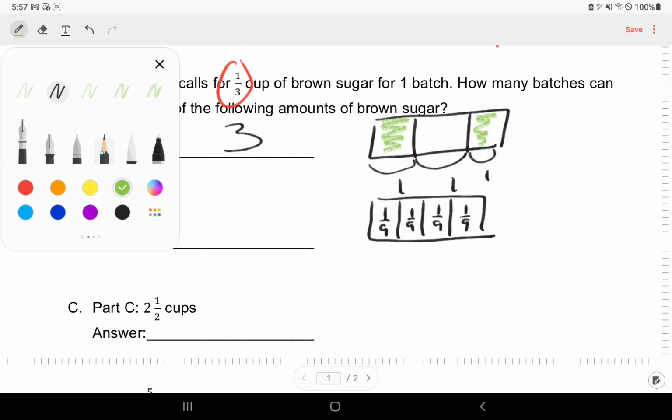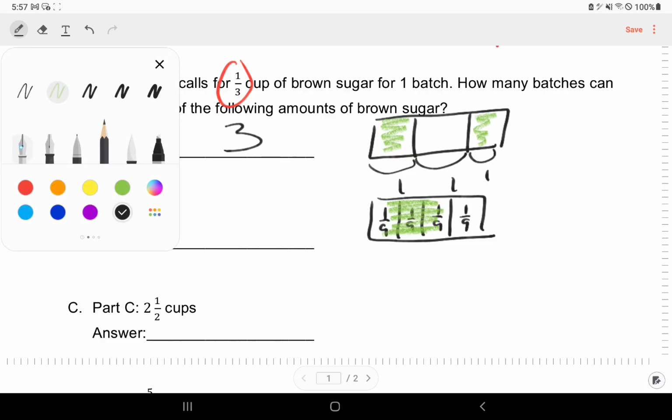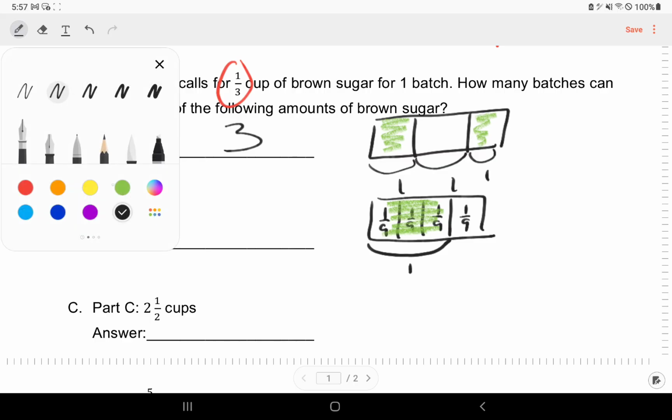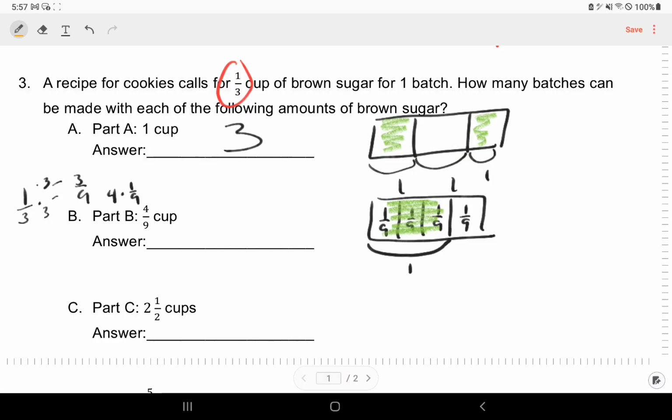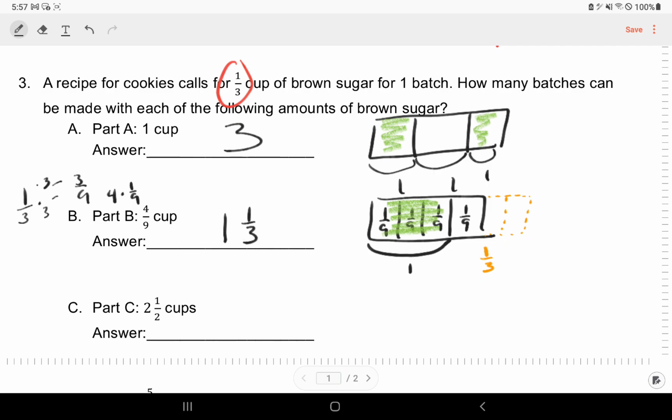So we want groups of 3. So that's a group of 3. However, we don't have a full other group. We only have 1 out of 3. So our answer is 1 1/3.